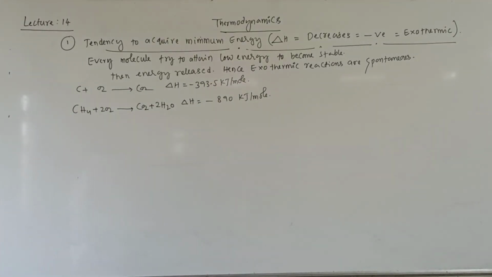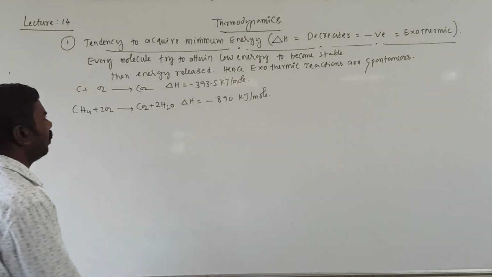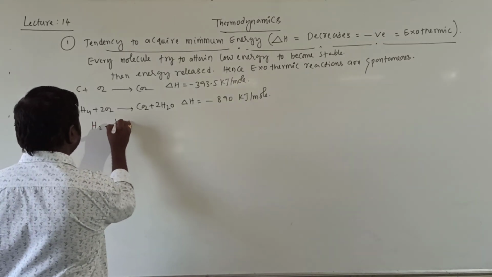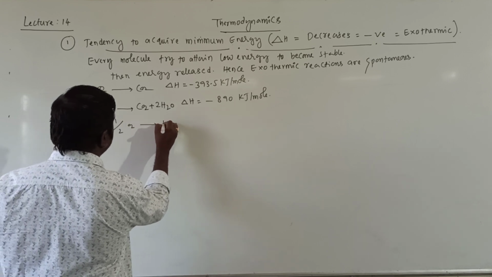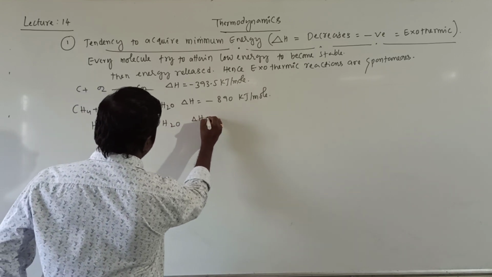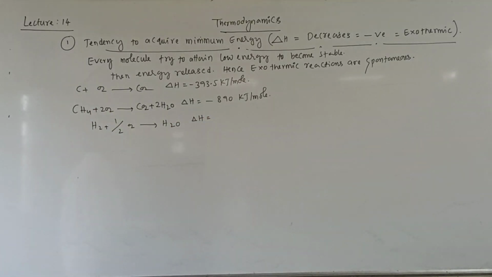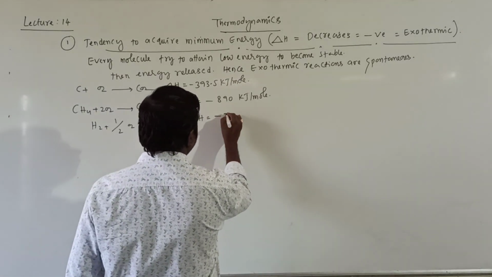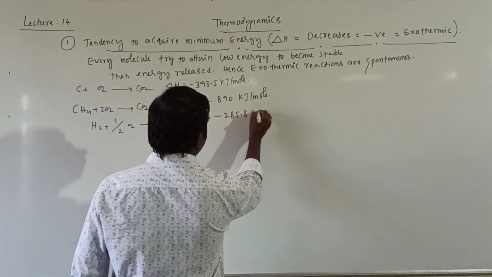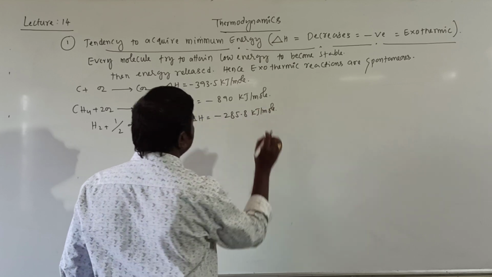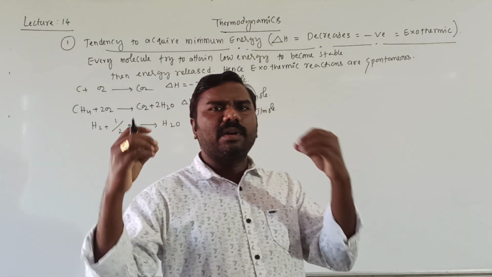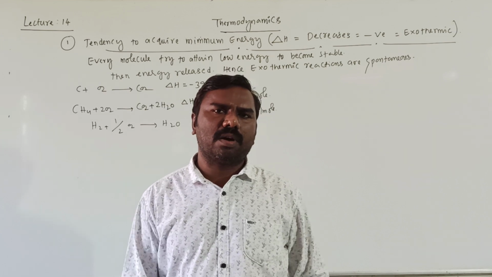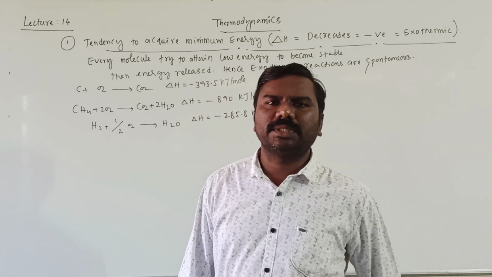H2 plus half O2 gives rise to H2O, delta H is equal to minus 285.8 kilojoule per mole. So like this I can write a number of exothermic reactions. Those are all under spontaneous process.